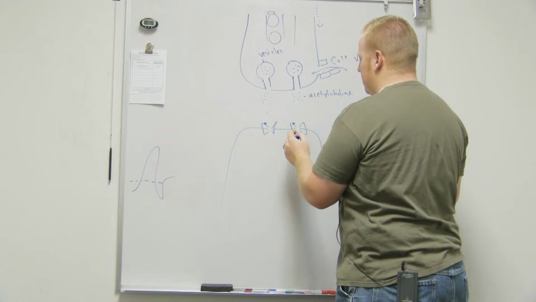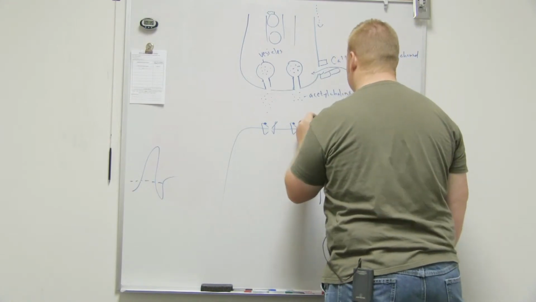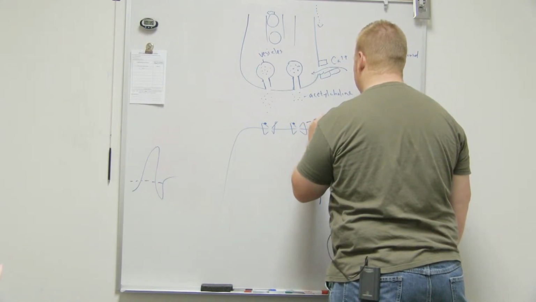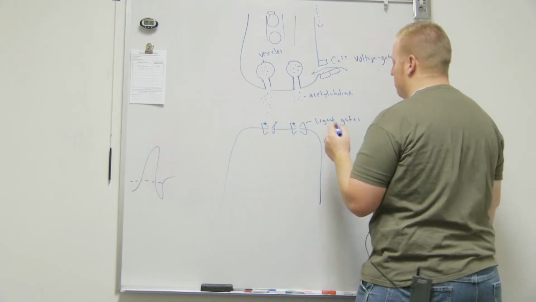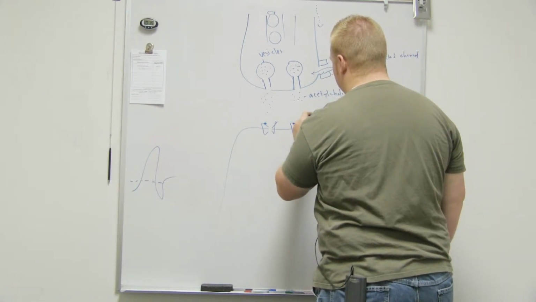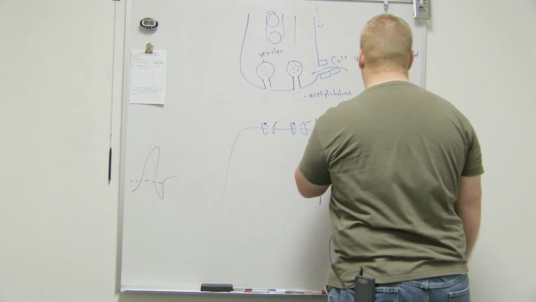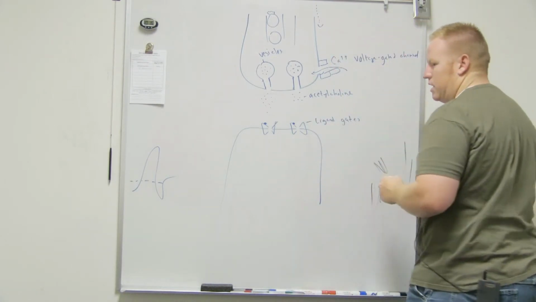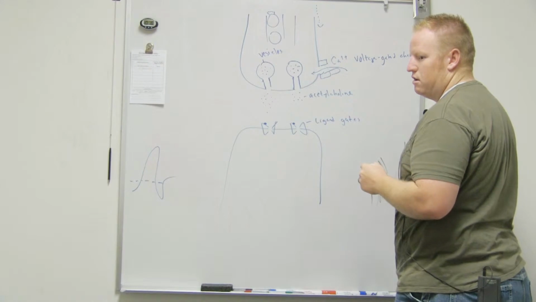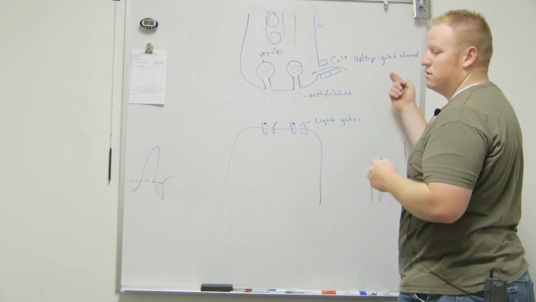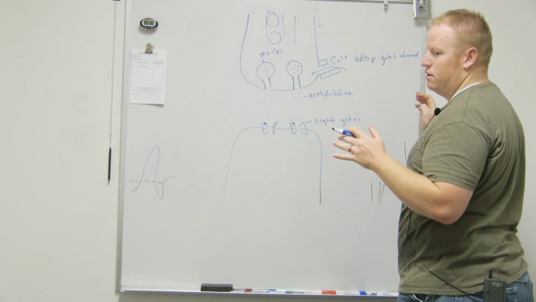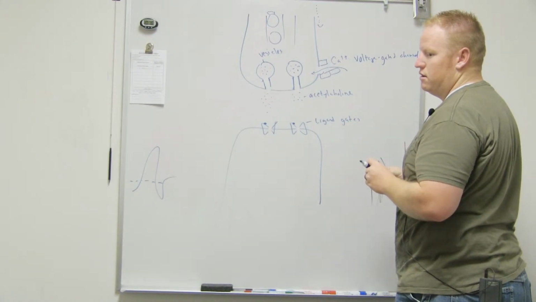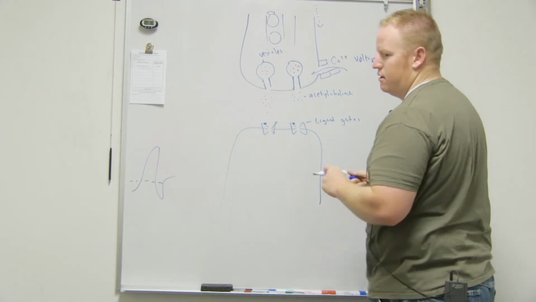So these are ligand gates. For the purposes of what we're talking about right now, their main purpose is to allow what's outside the cell that wants to get in, in.